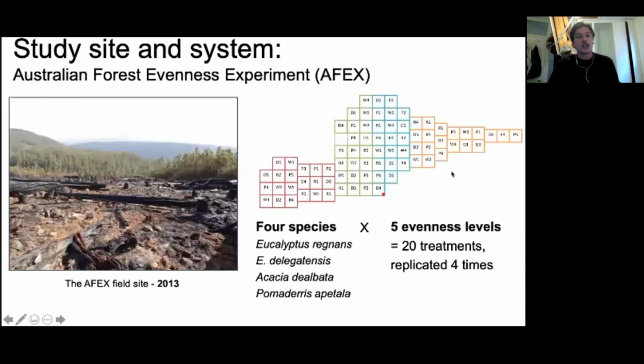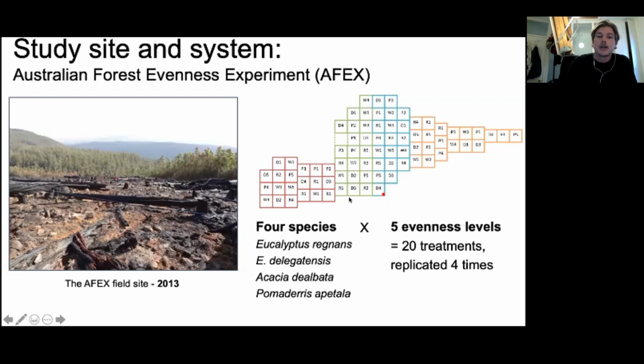This photo here just shows where the site was established. It was clear felled a few years earlier and then burnt in a high regeneration fire. And the diagram on the right shows the site layout. Each of these squares is a 25 by 25 metre plot, and the different colours represent 4 different replicates.